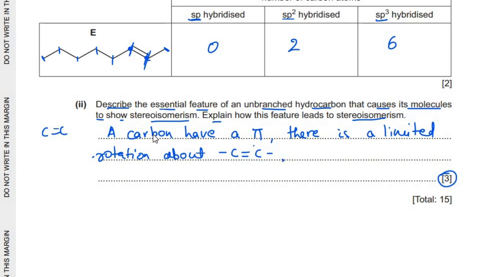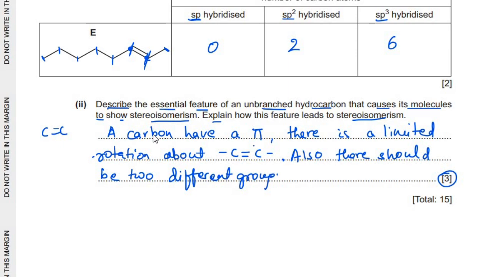So you can write that also there should be 2 different groups or atoms present on C double bond C, so on the carbon carrying the double bond.